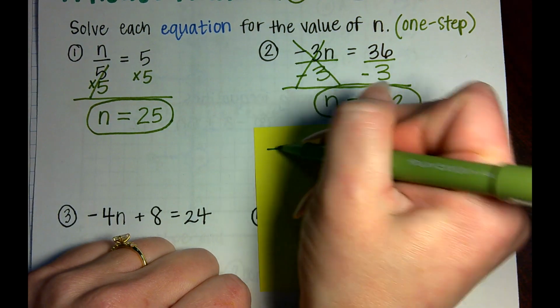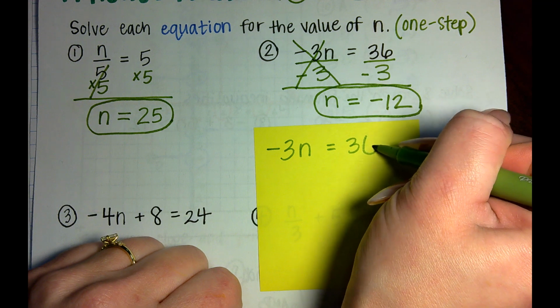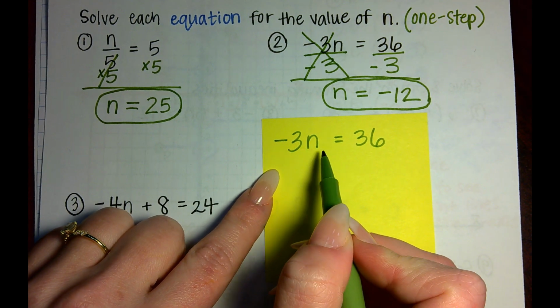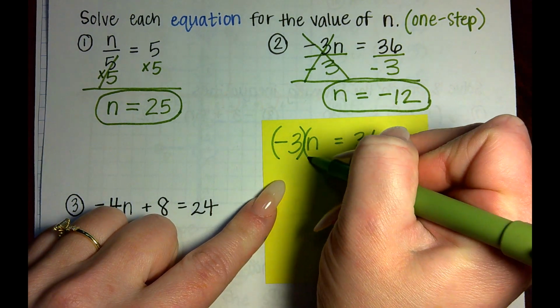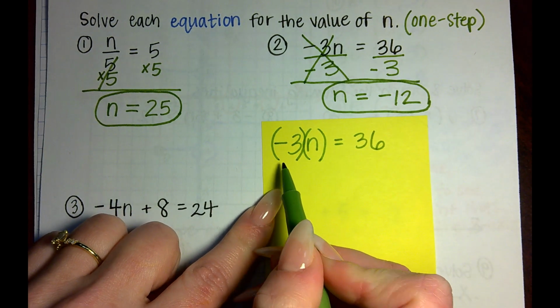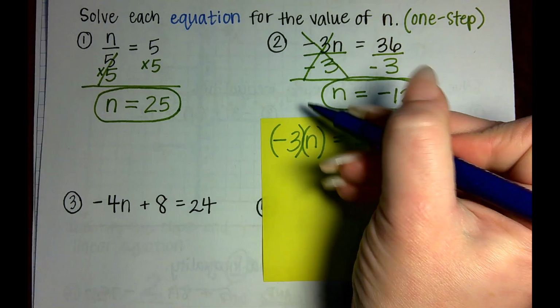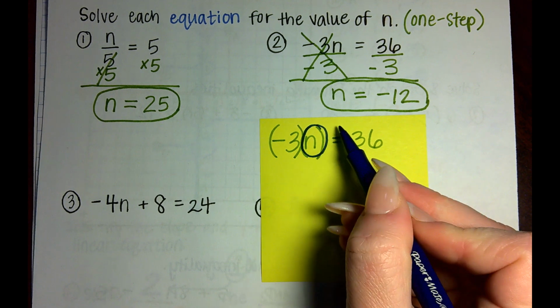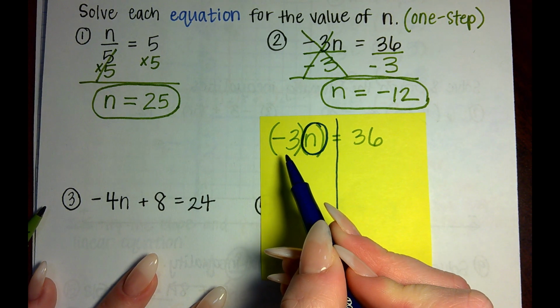We have negative 3n equals 36. So when I have a number next to n, it means we're multiplying. I have -3 times n. I want to get n by itself, so it means I need to get rid of -3.